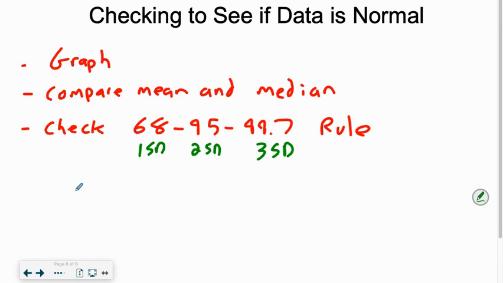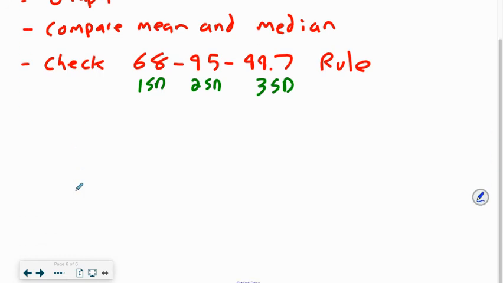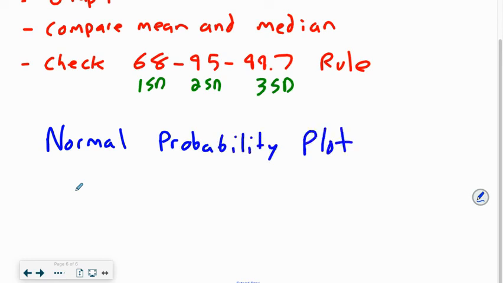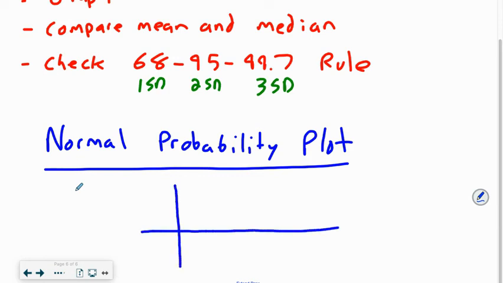And the last thing you can check is a normal probability plot. With a normal probability plot, that's going to grab your values versus your expected z-score.